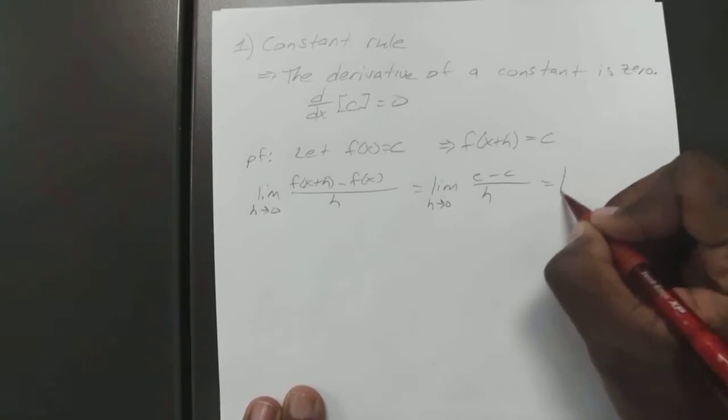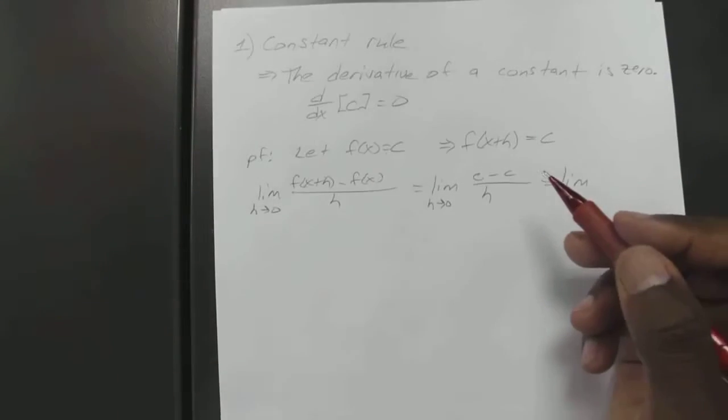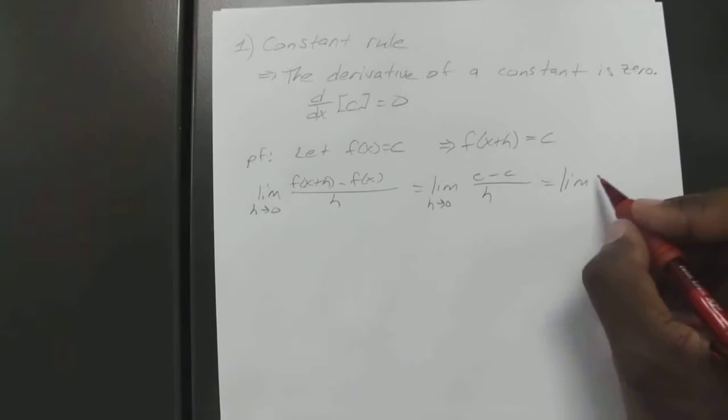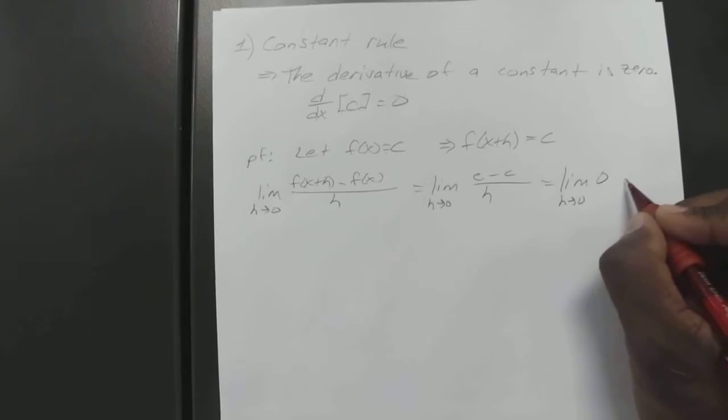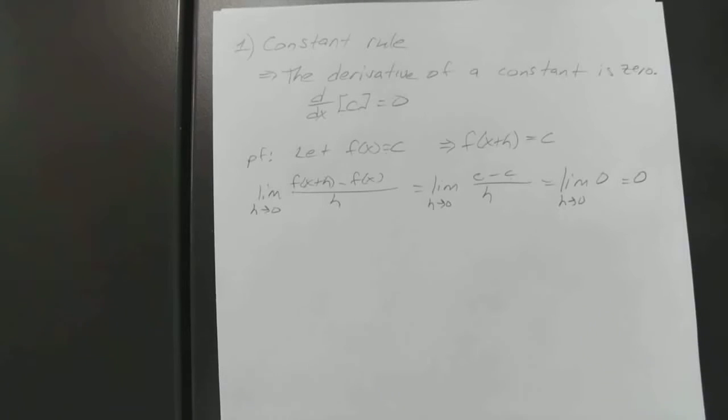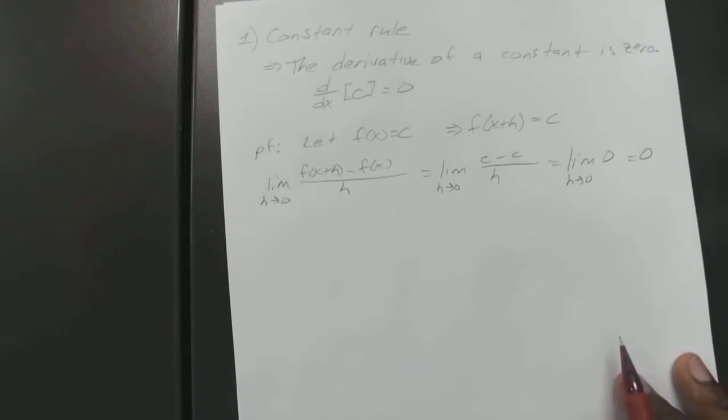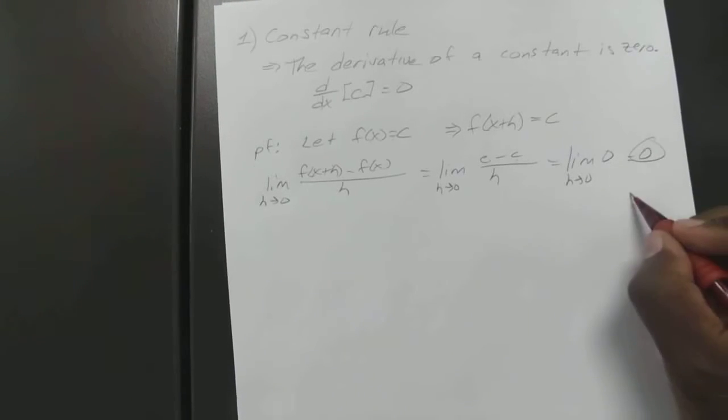Any constant minus itself is just going to be 0. So the limit of 0 is 0. So this is your proof.